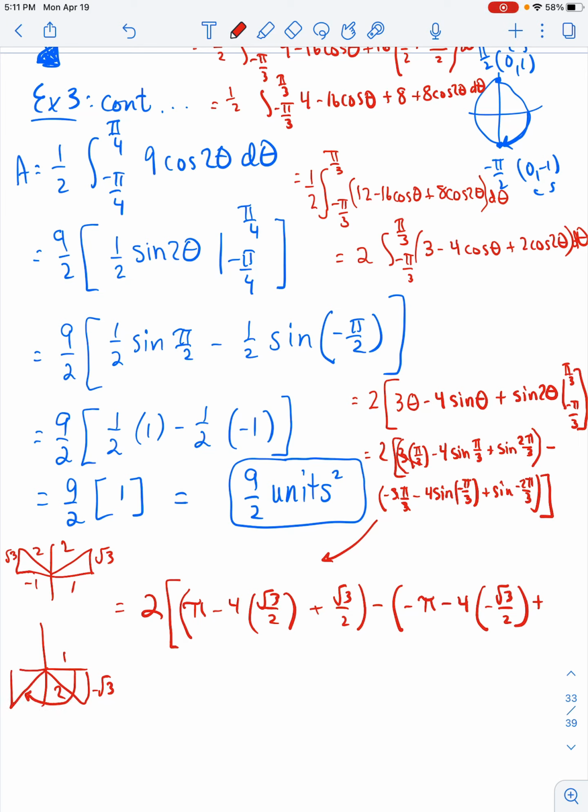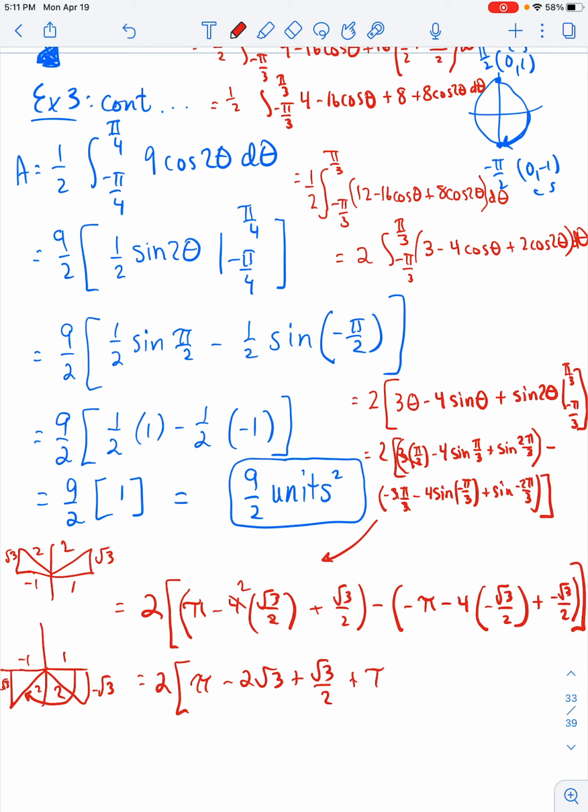Plus, and then we've got all the way over to negative 2 pi over 3. In the third quadrant, the sine is, again, negative square root of 3 over 2. Divide by 2, divide by 2.